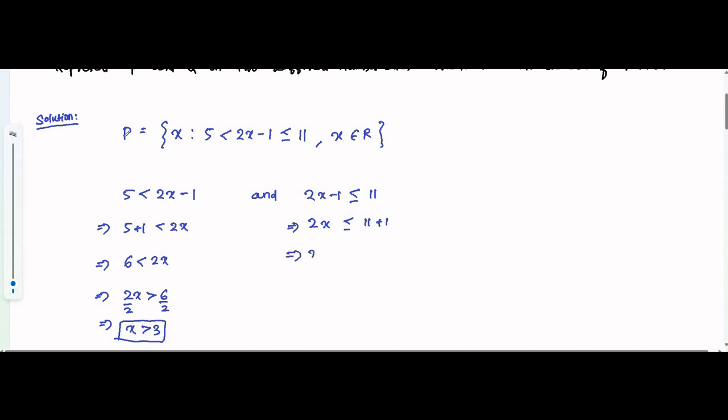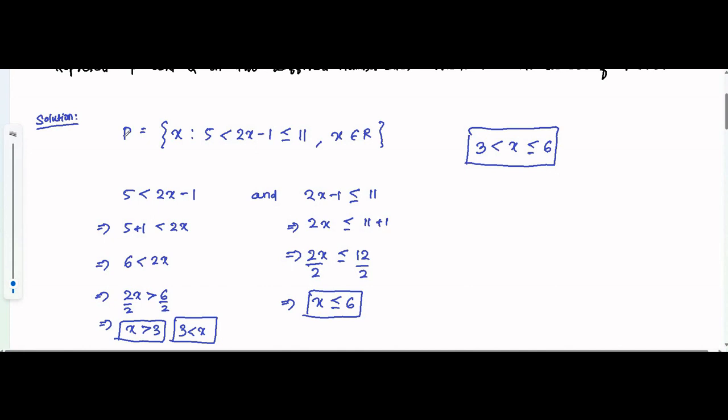That implies 2x is lesser than equal to 12. Dividing both sides by the same positive number, we have x lesser than equal to 6. So we have x greater than 3, x lesser than equal to 6, or we can write this as 3 lesser than x. Same thing. So we can write the combined solution as 3 lesser than x lesser than equal to 6.